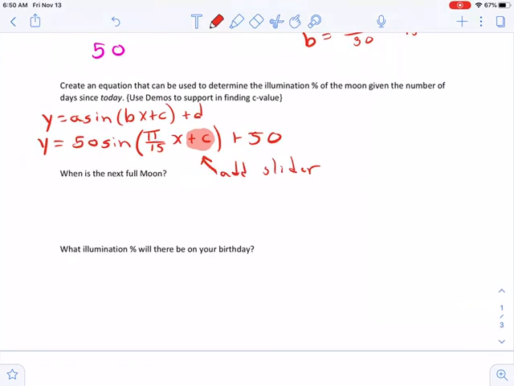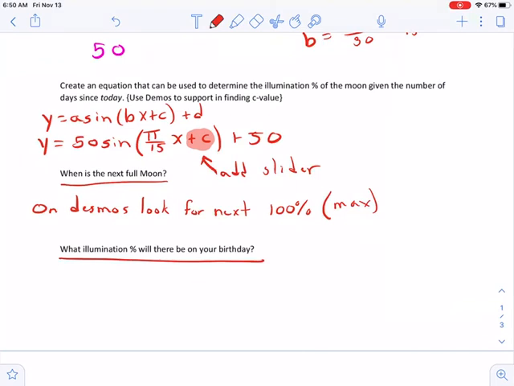Once your graph is complete, in order to figure out when the next full moon is, I would just say on Desmos, look for the next 100, or the next maximum on your graph, once you have the correct C value in place. All right. What illumination percent will there be on your birthday?